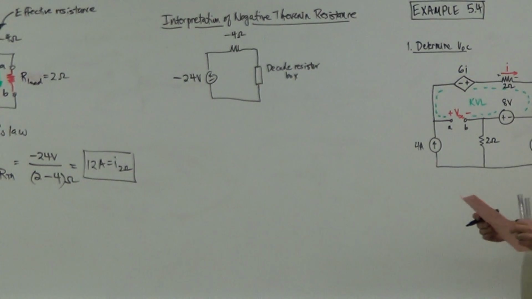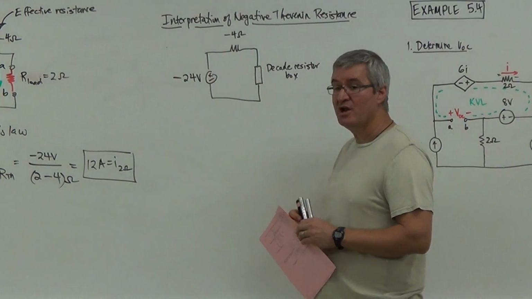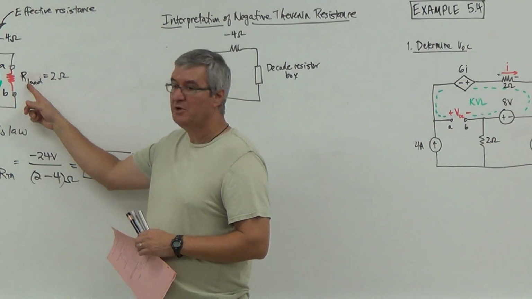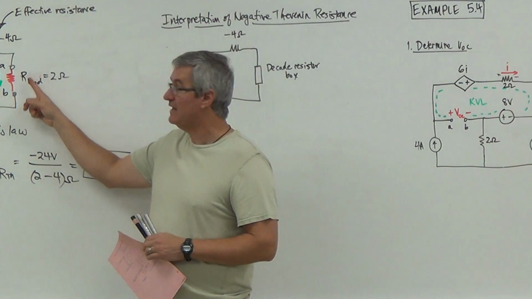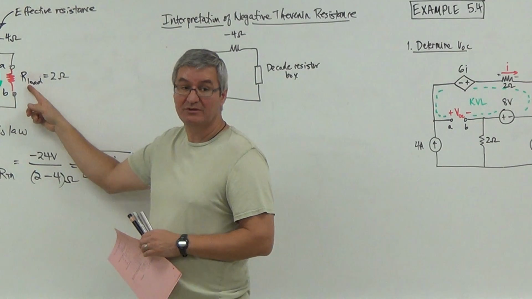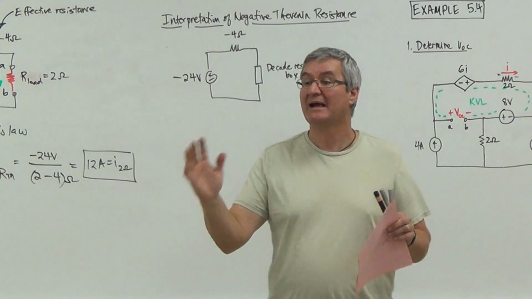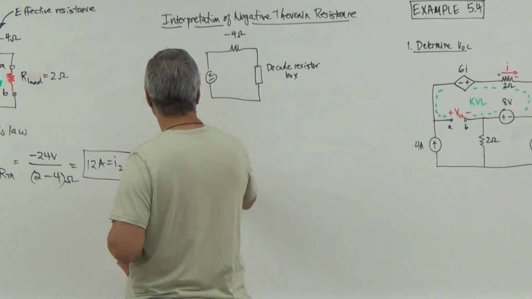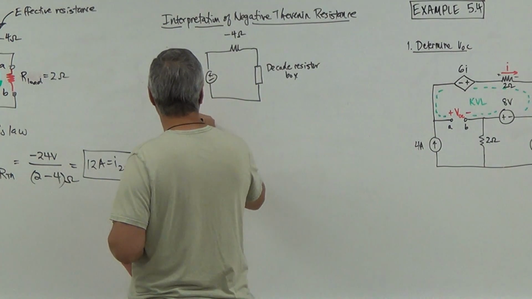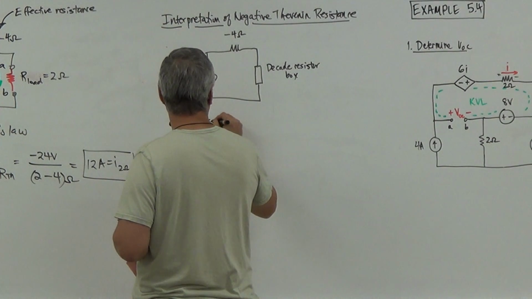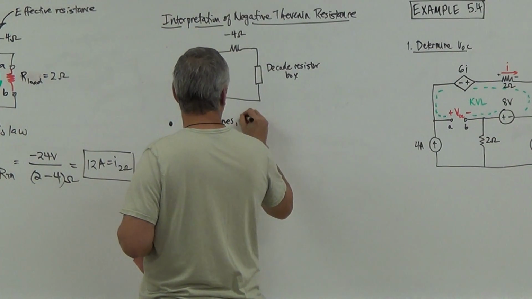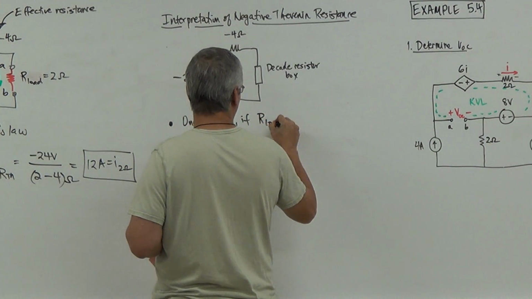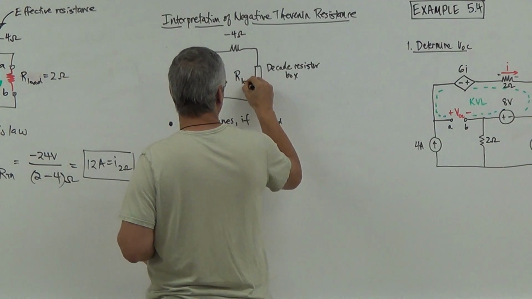Now, in some sense here, in a regular circuit, you would think that if I reduce the resistance in the series circuit to 0, I'm going to get maximum current. So if R load, I should have called this R load still.